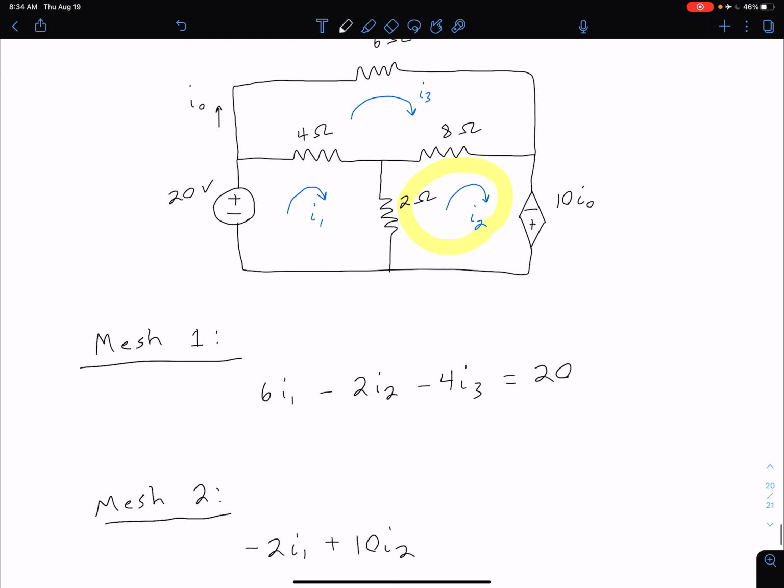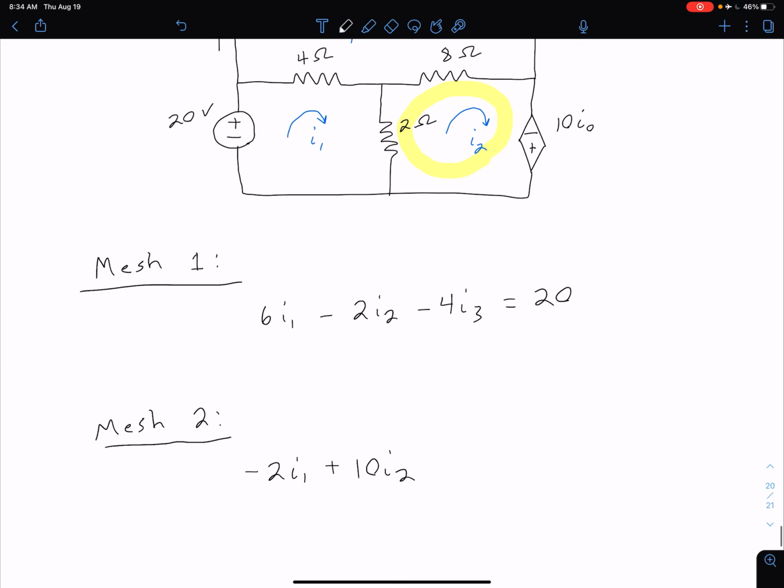And then finally, we see that our current I3 is interacting with this 8 ohm resistor. I2 and I3 are in opposite directions through that resistor, so we have minus 8 I3. And that is equal to this voltage over here, which would have been negative. We moved it to the other side, so we'd have 10 I naught. Again, we're just treating this value as if it were a constant voltage like we have for our independent source.